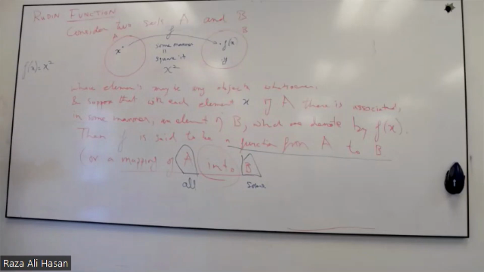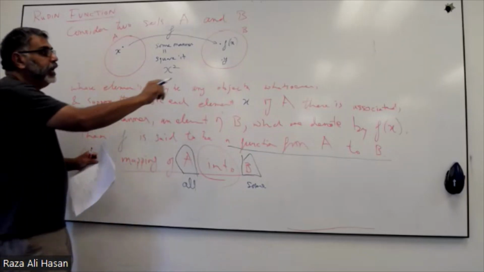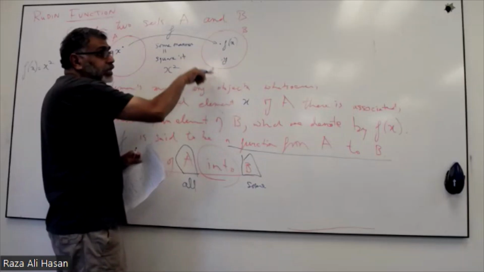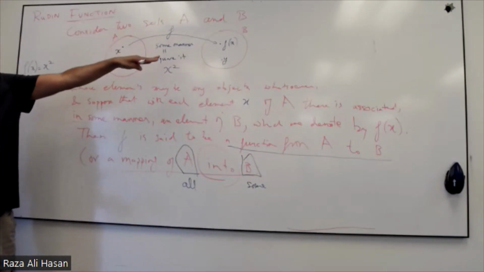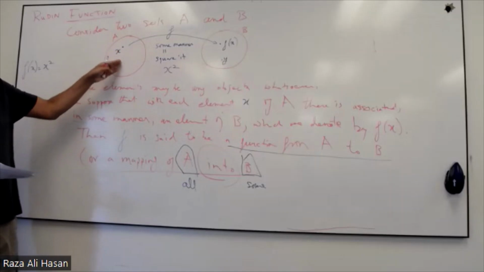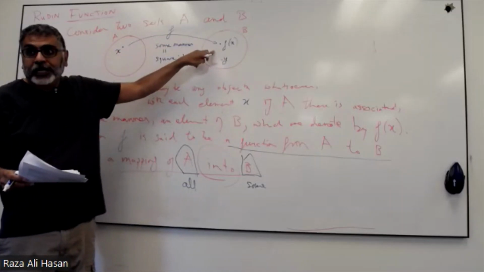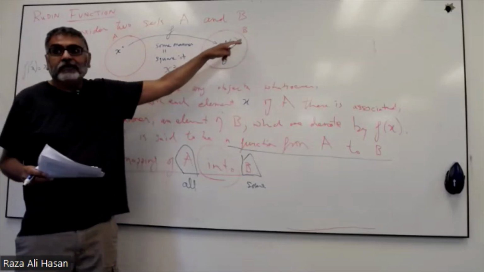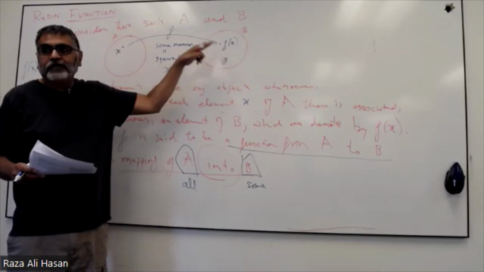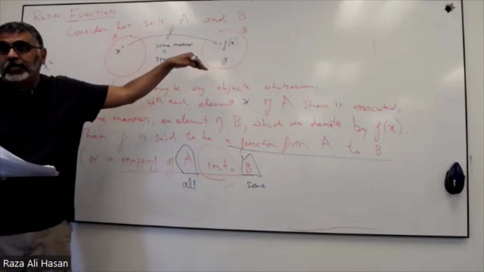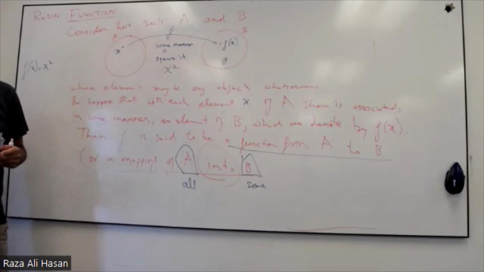there's the onto. Onto would mean that everything has an arrow coming into it. Right now, as it is, this is an into mapping, where everything in the domain here is mapped to something here, but some elements of B are left out. If every element of B had an arrow coming into it, then this function would be an onto function.